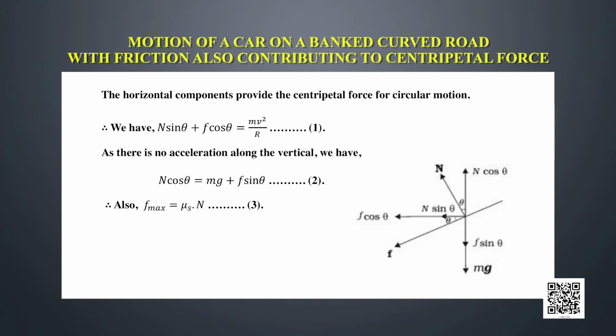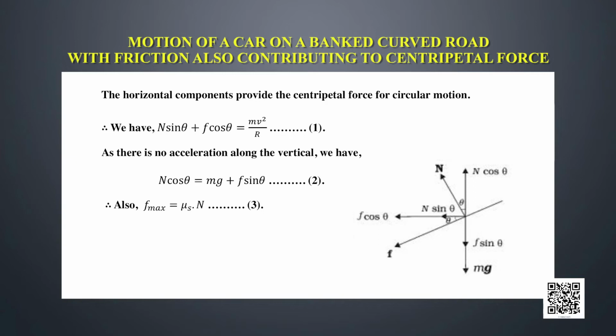The horizontal components provide the centripetal force for circular motion. Therefore, we have N sin theta plus f cos theta equal to mv square over r. As there is no acceleration along the vertical, we have N cos theta equal to mg plus f sin theta.